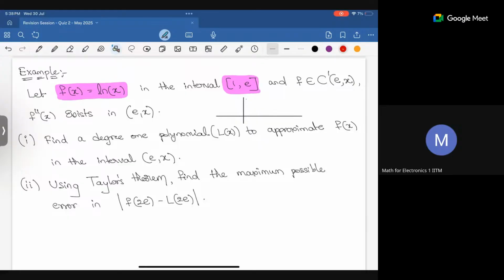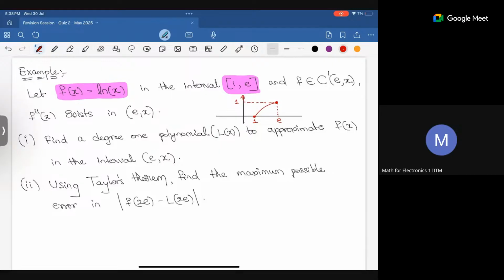So ln x in the interval 1 to e will look like this. ln 1 is 0, and as x increases till e, ln e is 1.